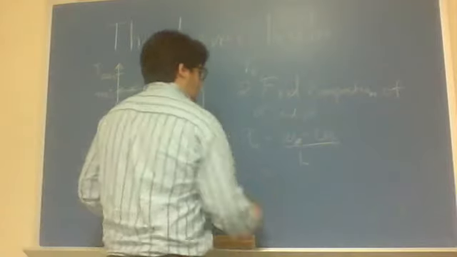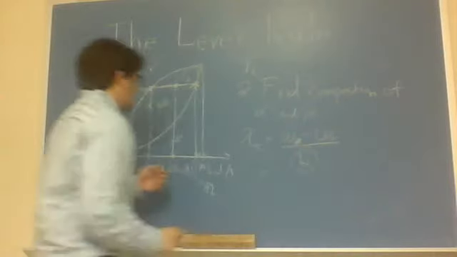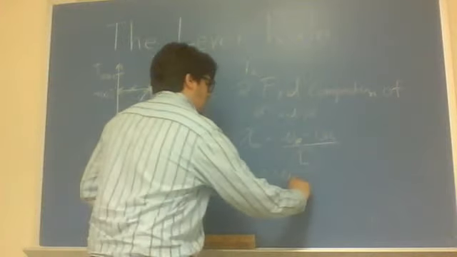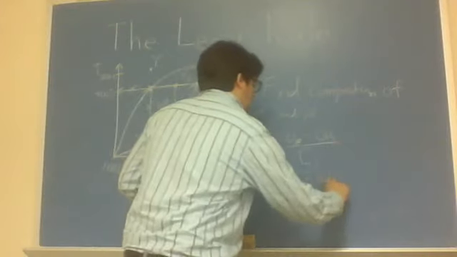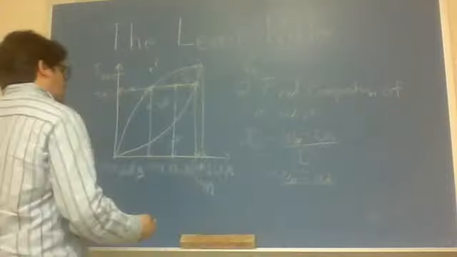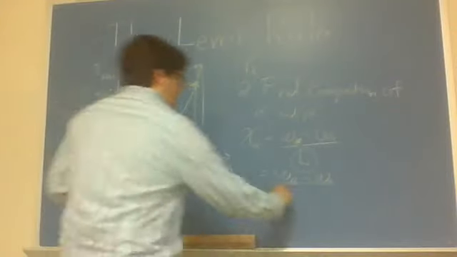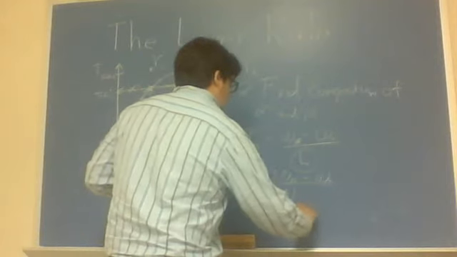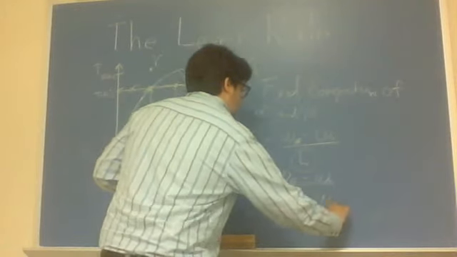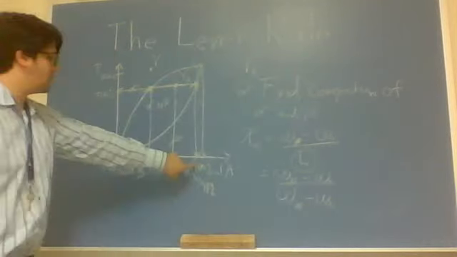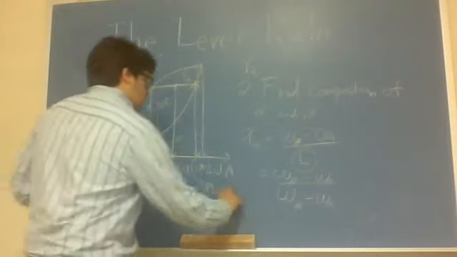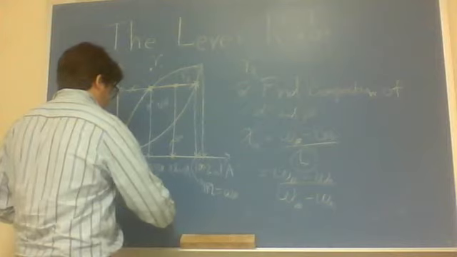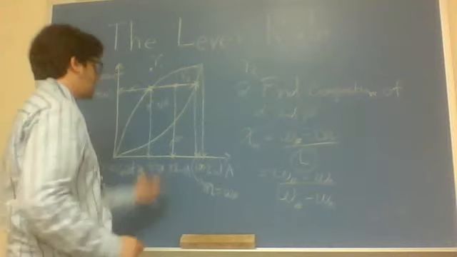The length is going to be the total, so this ends up being weight beta minus weight not, divided by weight beta minus weight alpha. So you can see this is weight alpha, this is beta, and if you subtract them, you get the distance.